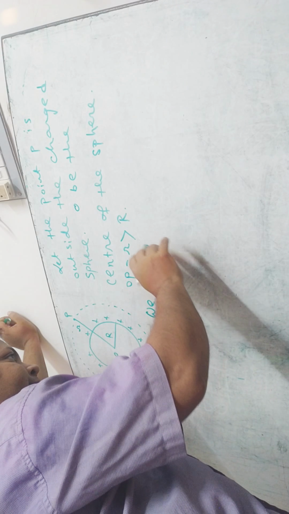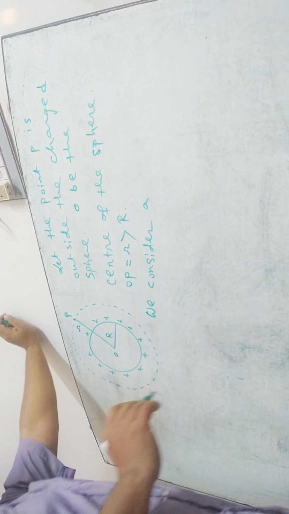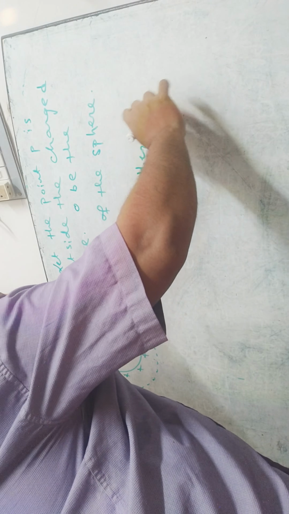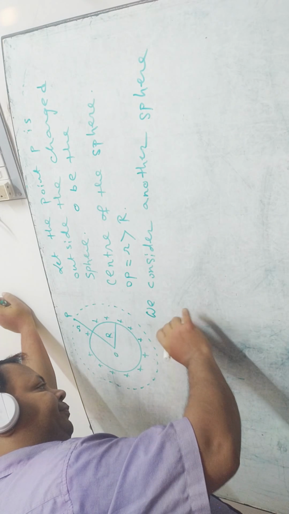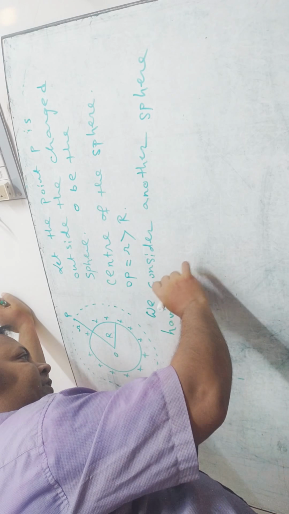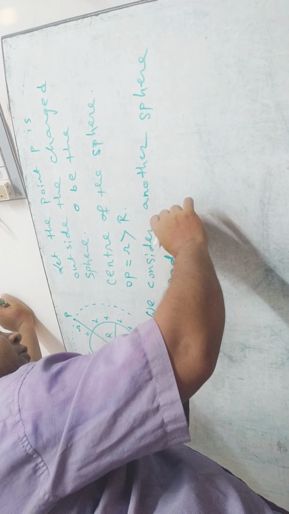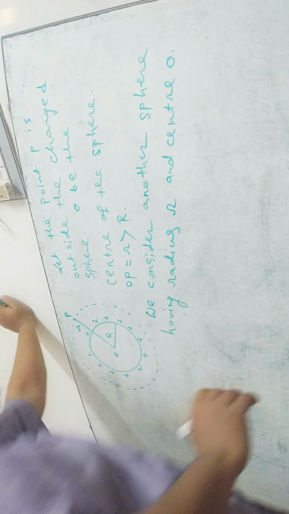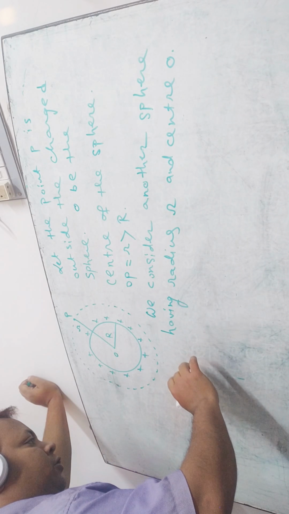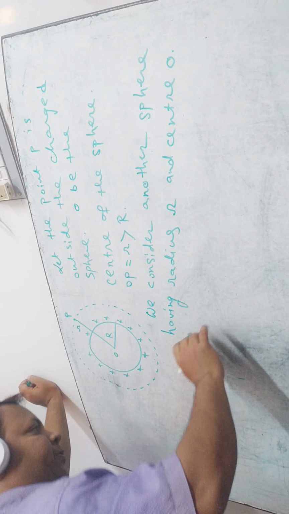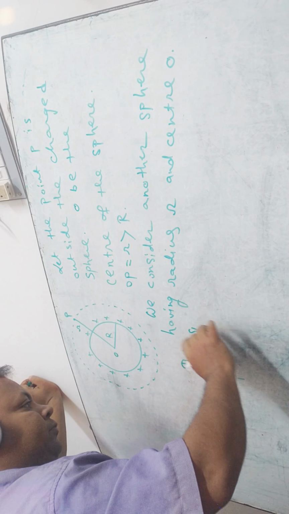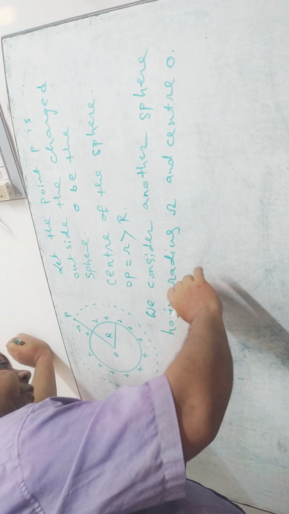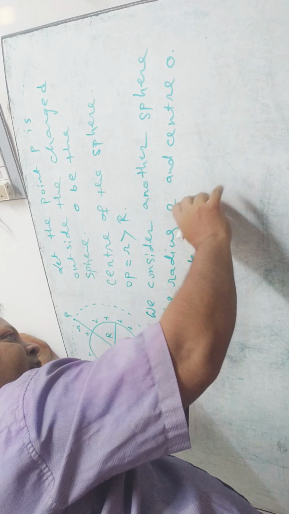We consider another sphere having radius R and center O. This sphere acts as a Gaussian surface.